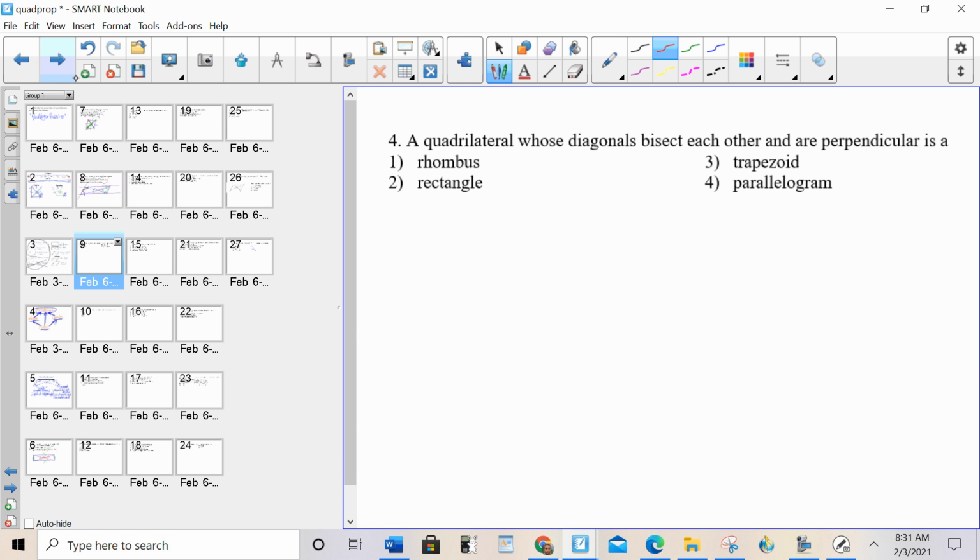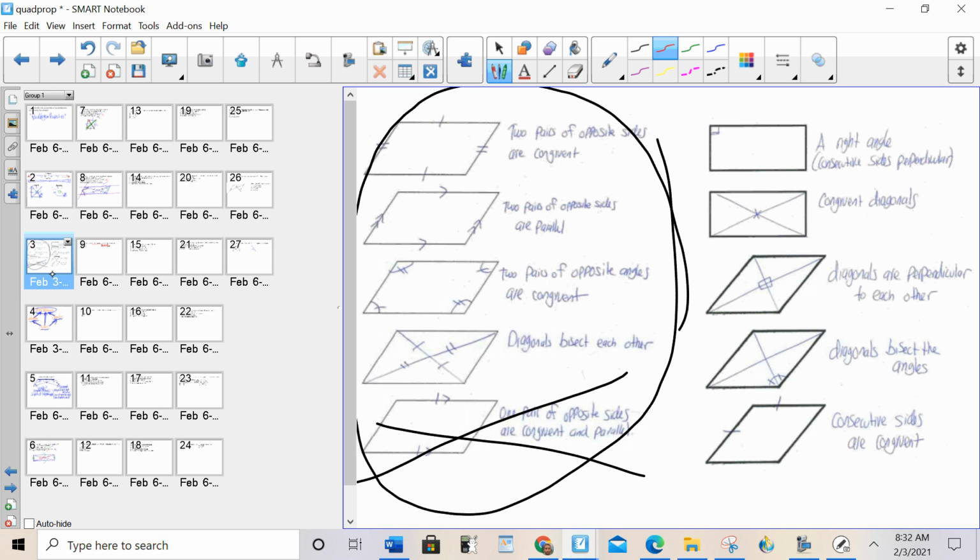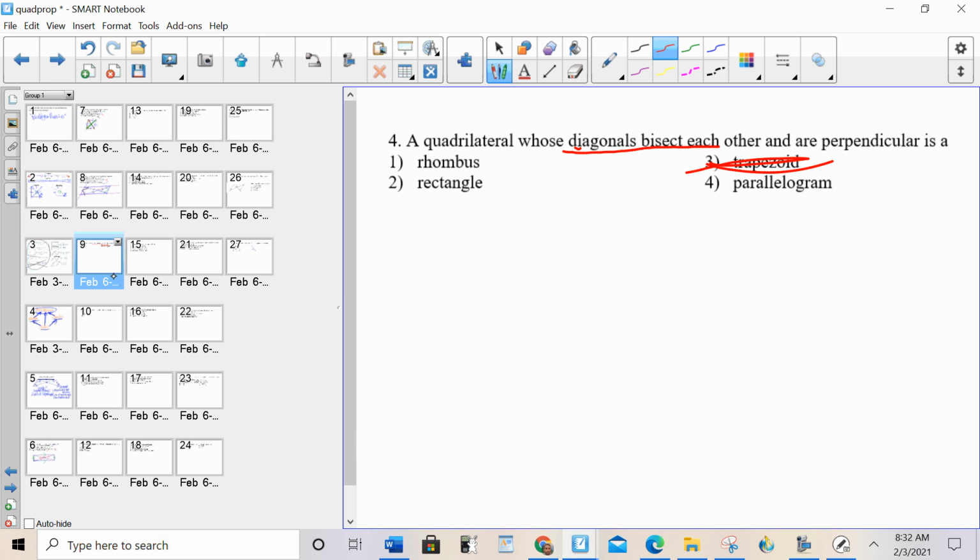Number 4, a quadrilateral whose diagonals bisect each other and are perpendicular. Well, let's start with the bisect each other. Diagonals bisect each other happens in the entire parallelogram family. So we can rule out trapezoid. Perpendicular. Again, you can refer back to this, or you can just draw the shapes. So a rhombus, a rectangle.